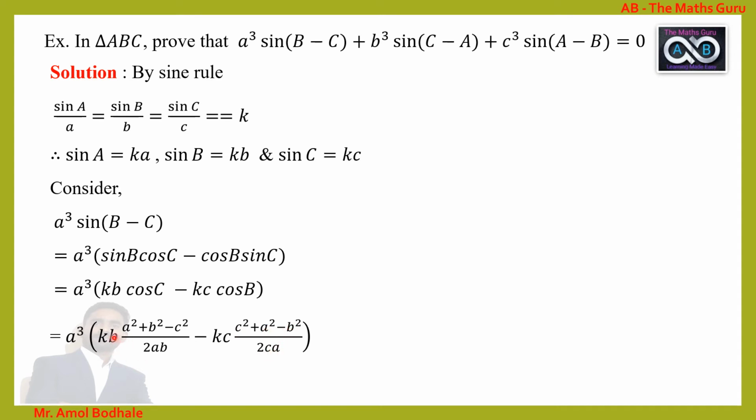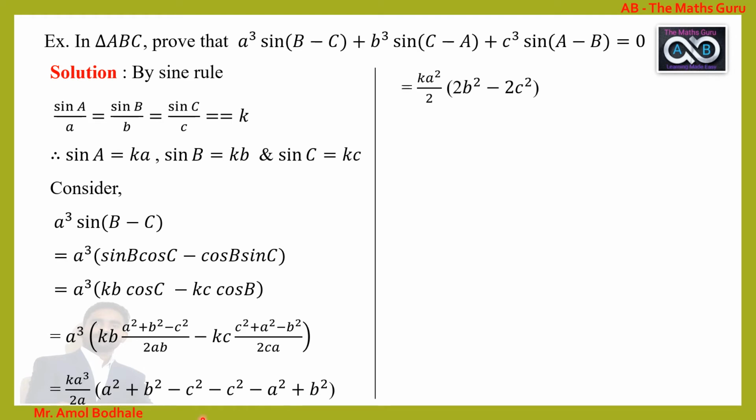Here we can cancel b and b. Similarly we can cancel this c and c. So here we can take k common, which is k upon k into a cube, and this 2 times a and this 2 times a we can take common. In the bracket we get a square plus b square minus c square minus, when we solve this negative bracket, we get minus c square minus a square plus b square by changing the sign.